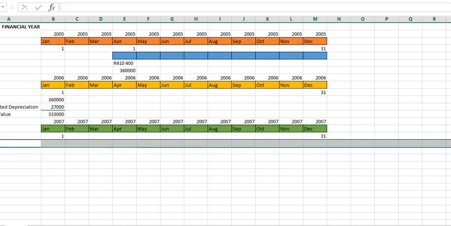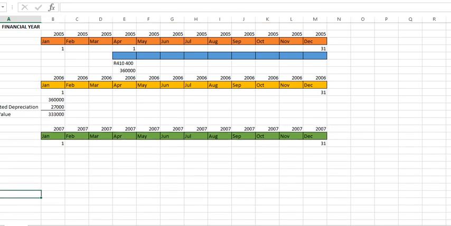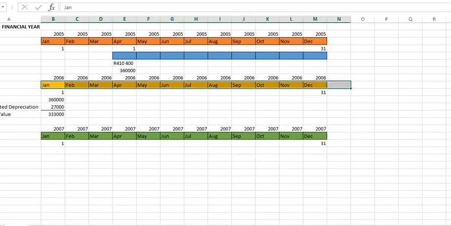So that's our carrying value beginning 2006. So then what we need to do is, on this 353,000 Rand, we will depreciate for 12 out of 12 months because we had this vehicle for 12 out of 12 months.